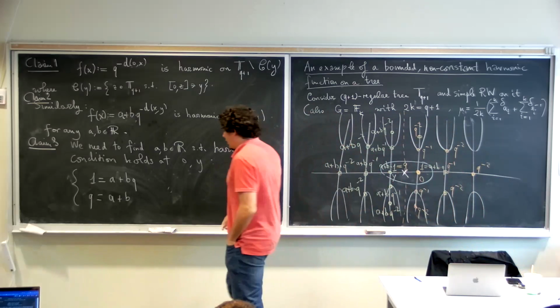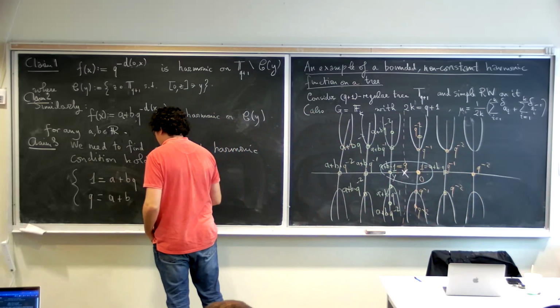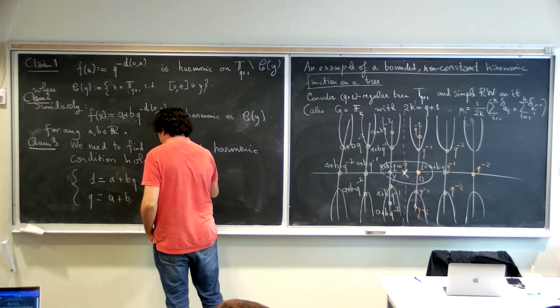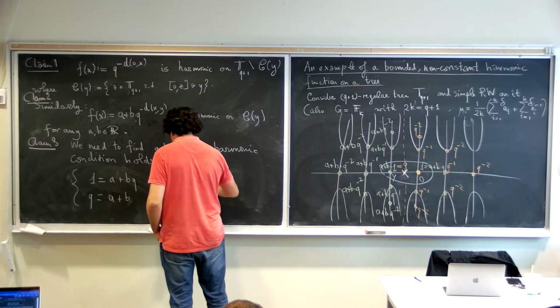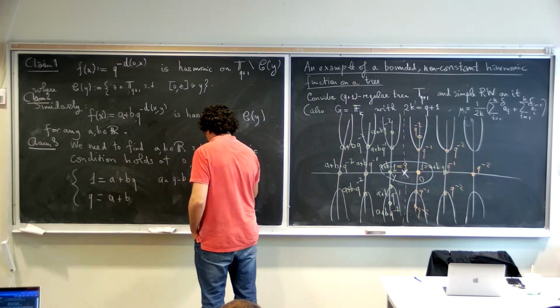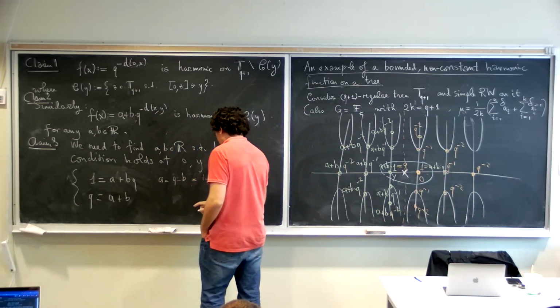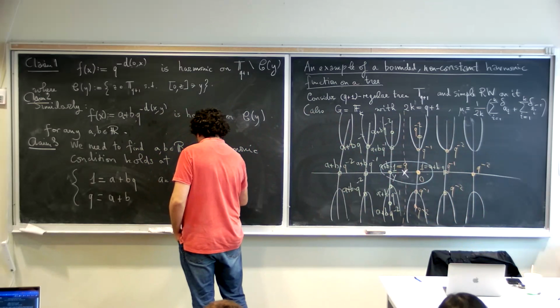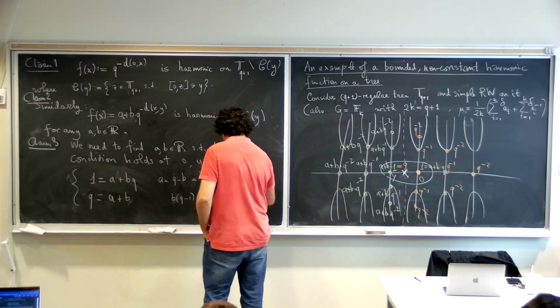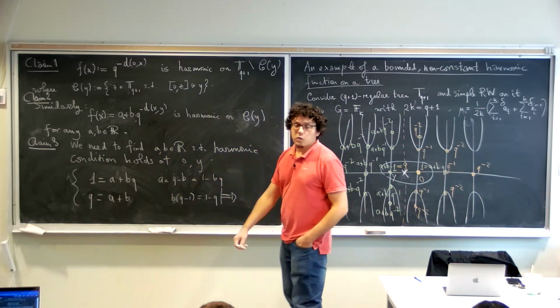Okay. So now A is, on the one hand, q minus b. On the other hand, it is 1 minus bq. So b times q minus 1 is 1 minus q. So of course q is different from 1.